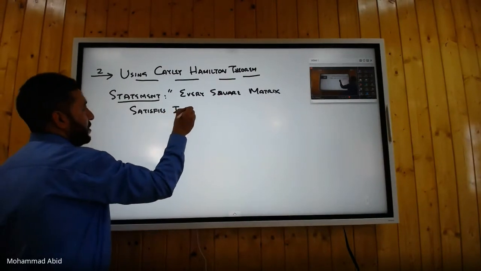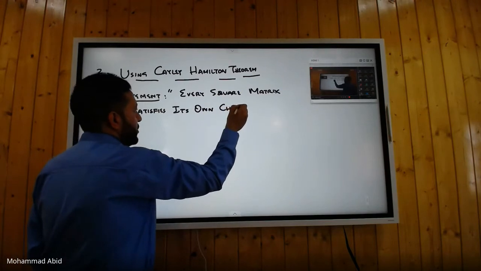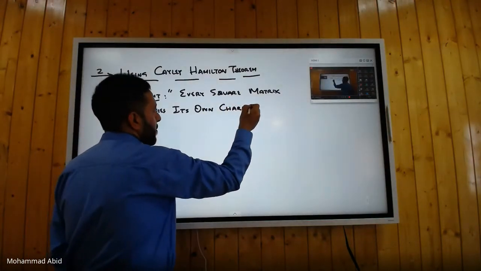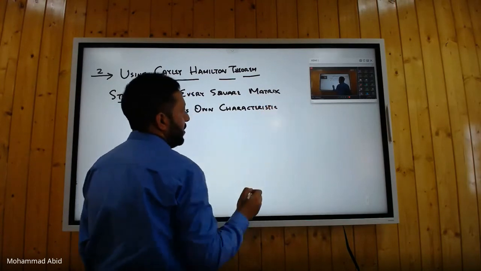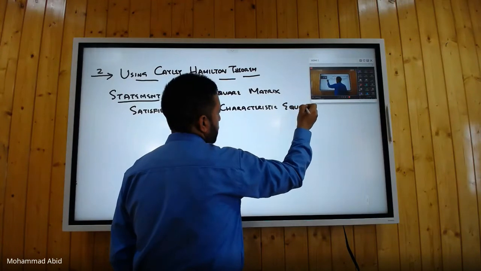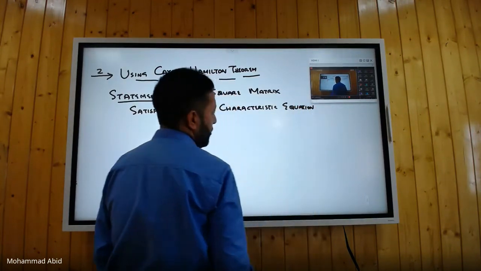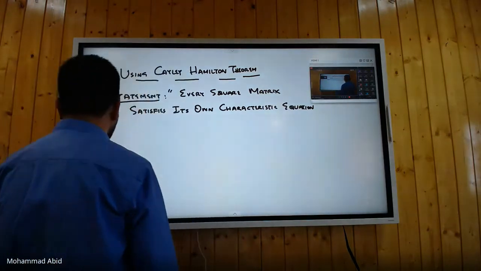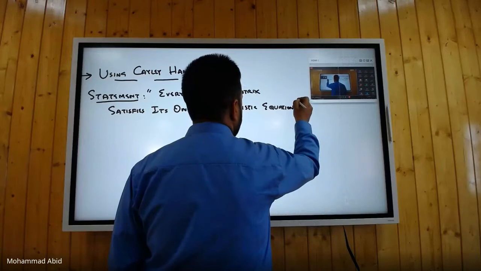If you put in some effort, you will remember. You have to activate your mind a little. Every square matrix satisfies its own characteristic equation. What does that actually mean?